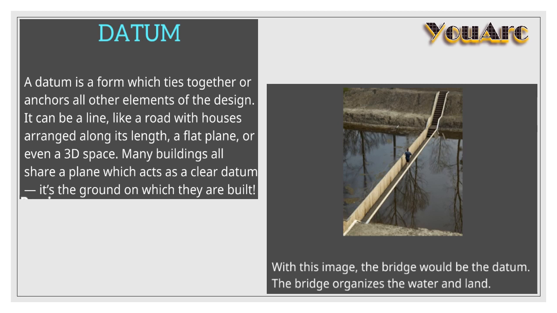Many buildings share the same plane, which is the ground, so it is clearly acting as datum, right? Same way here in this example we can see the bridge would be datum because it organizes the water and the land, so it is acting as a datum.